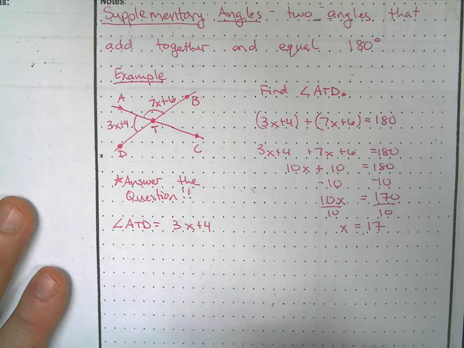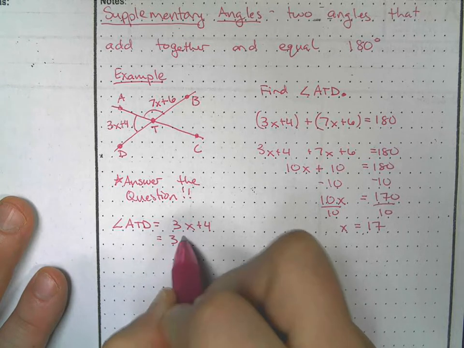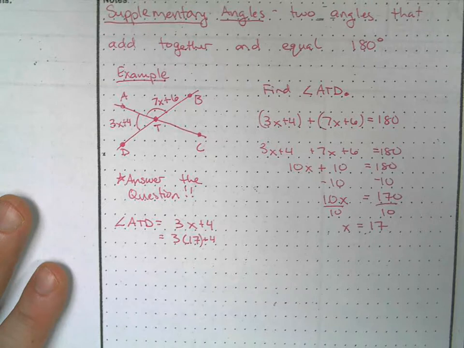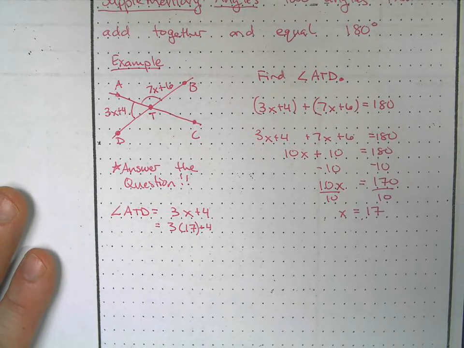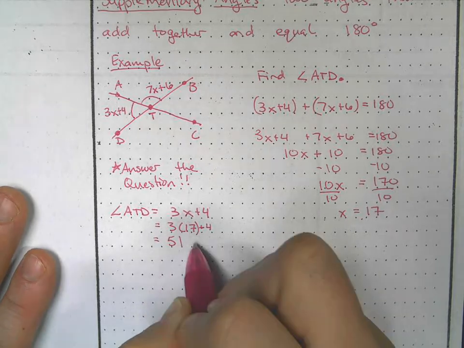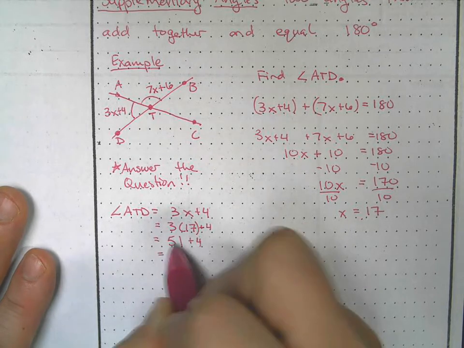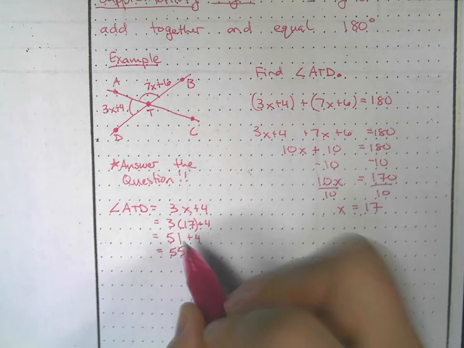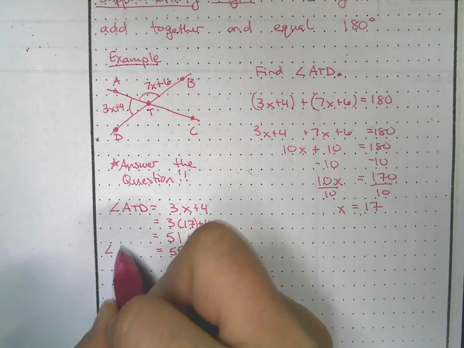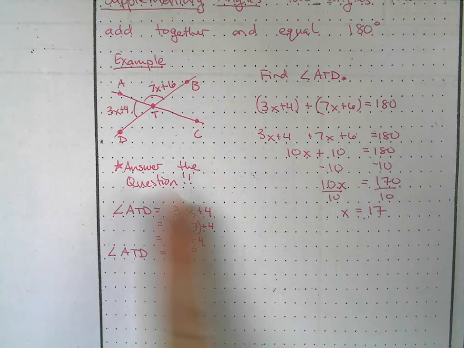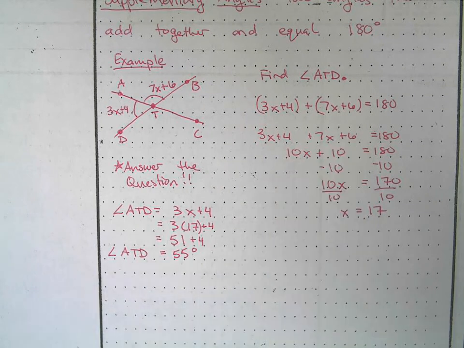And then we're plugging in 17. 3 times 17 is 51. 51 plus 4 is 55. 55 degrees. We found angle ATD is equal to 55 degrees. So supplementary angles, we add them together and it equals 180.